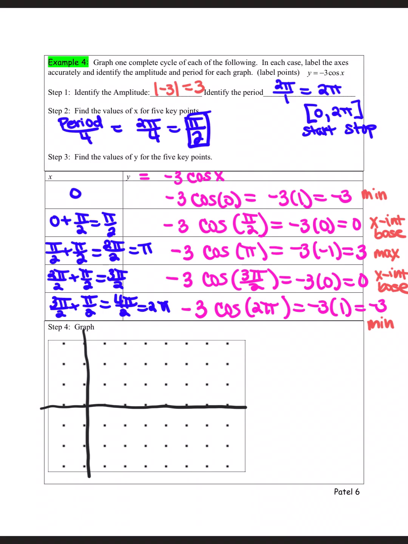So my first point is at 0, negative 3. Then we have pi over 2, 0. Then we have pi, 3. Then we have 3 pi over 2, 0.